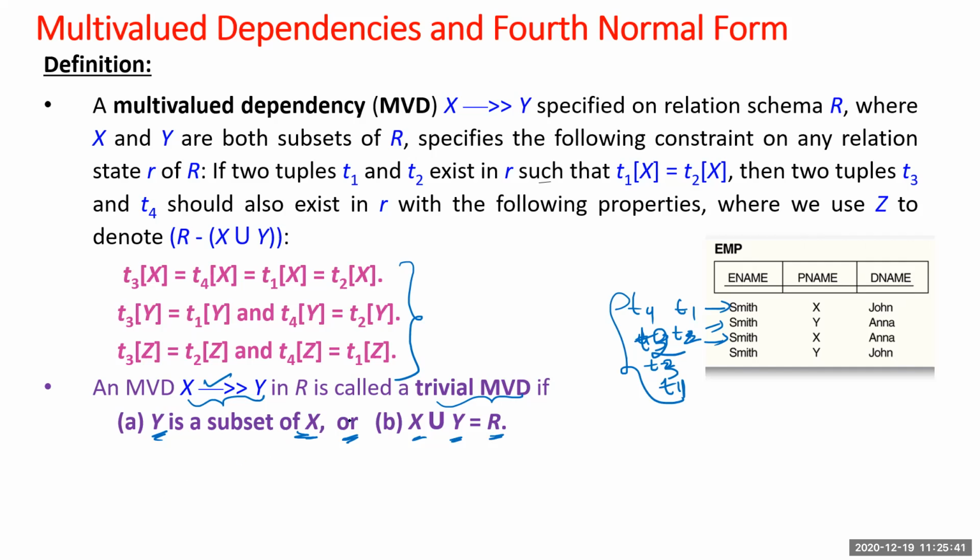If any of these two is satisfied, then I don't have to worry about that multivalued dependency. Is it clear? When these two are not happening, then there is a problem.